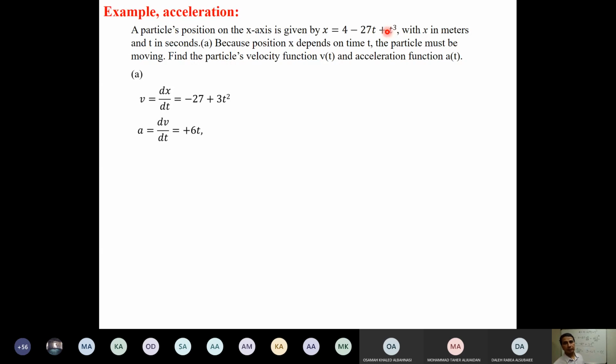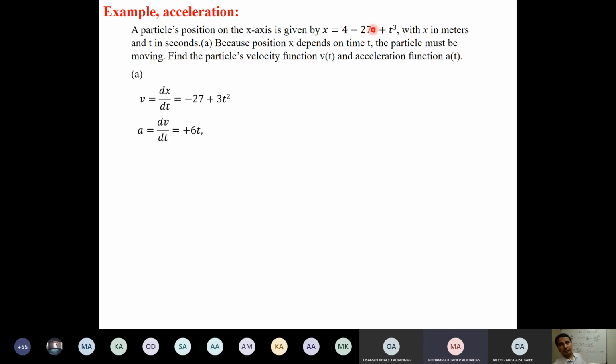So when you take the time derivative of this equation, what do you get from the first term? 0. And what do you get from this term? You see it's minus 27t, right? Yes. So what will you get here?